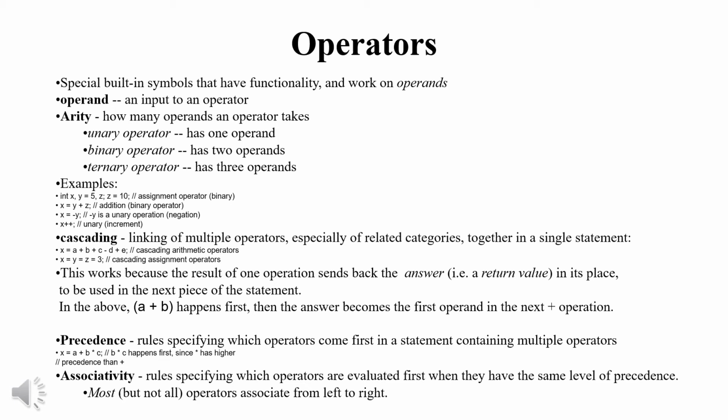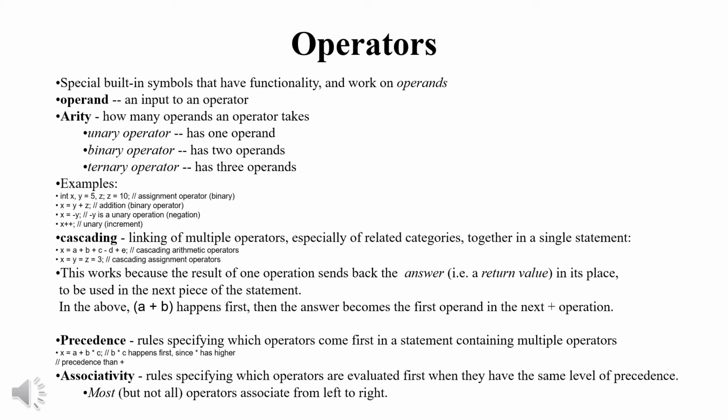Then the other rule for operators is the cascading, right? When, in one statement, we have several operators and operands. For example, in this example, we have x equals a plus b plus c minus d plus e, right?